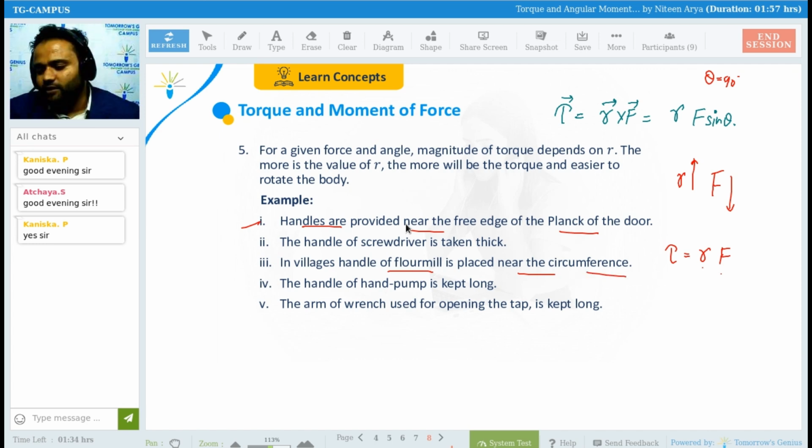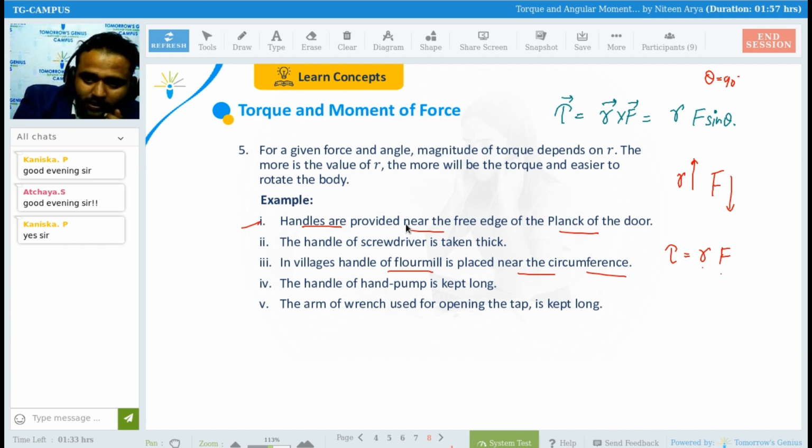If anyone belongs to a proper village, there we convert wheat into flour with the help of a rotatory stone, which looks like Gandhi ji's charkha. That flour-making machine is basically made of heavy stones, and the rotatory handle is far away from the center, exactly near the circumference.